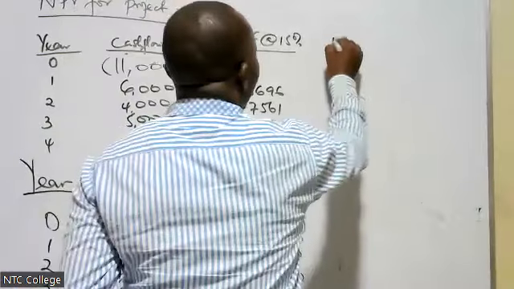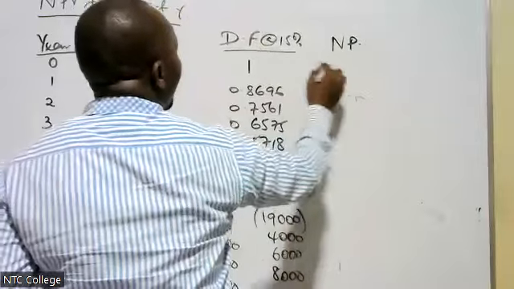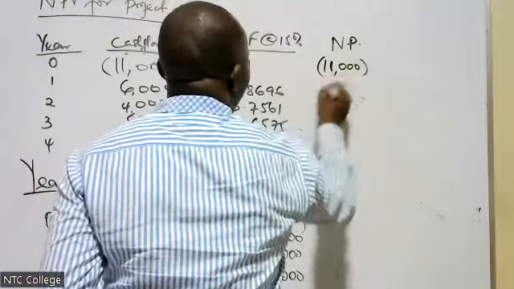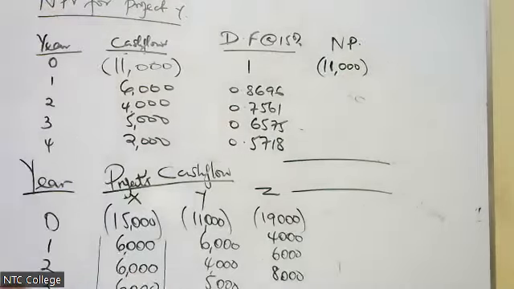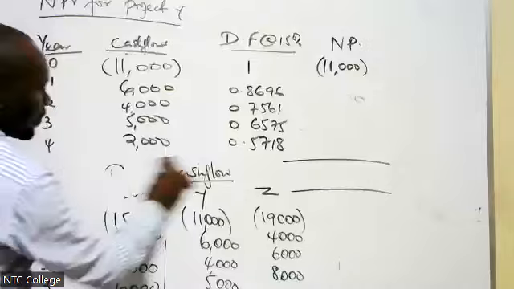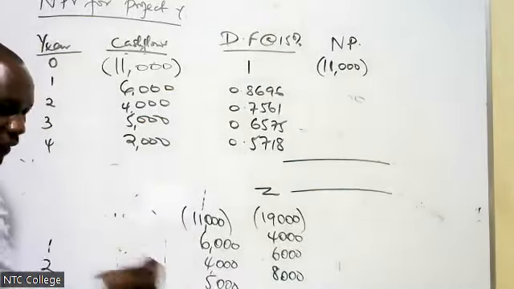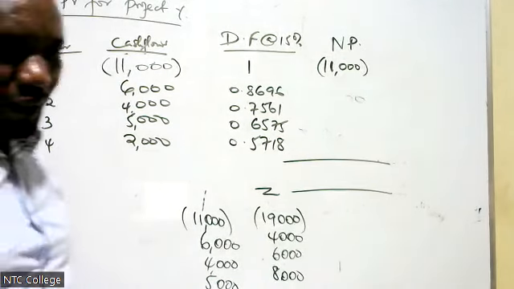So what is the present value? This is NPV because you're going to subtract the initial outlay, 11,000. Can we calculate this? Then we get our NPV here. I hope that the other team members are also confirming the figures to make sure that they are correct.